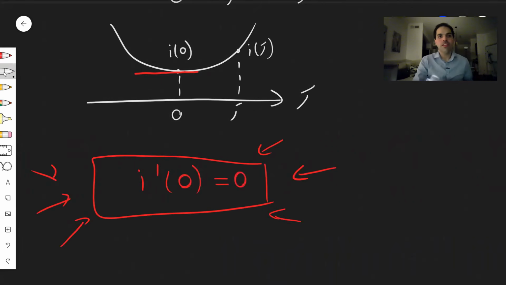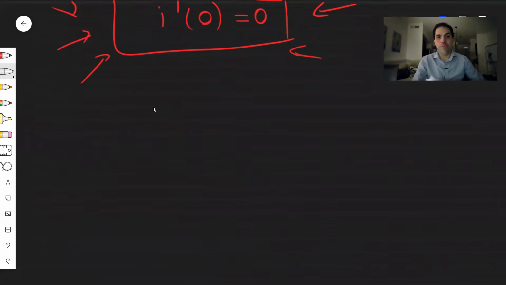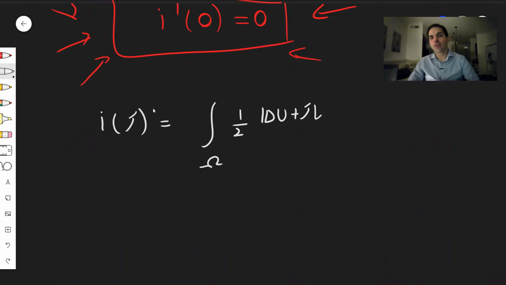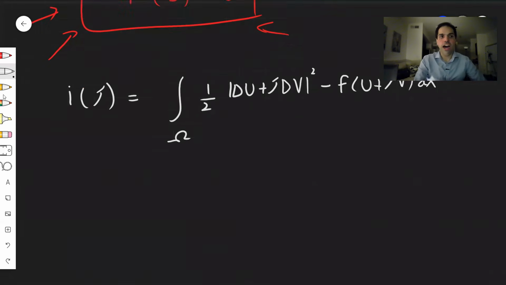Well, now the question is, of course, this raises a question, what is i prime and what is i prime of 0? Well, remember i of tau was the integral over omega of 1/2 of the gradient of u plus tau gradient of v, squared, minus f times u plus tau v dx. And well, to differentiate i, you just got to use the chain rule. So just as usual.